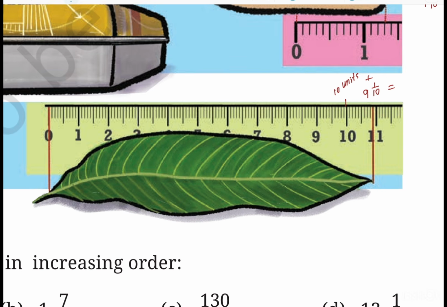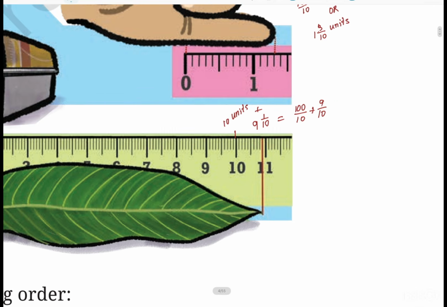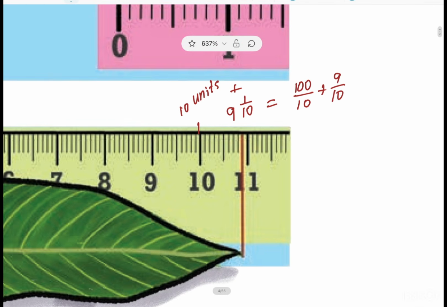So we can write 10 units as 10 into 10, that is 100 by 10 plus 9 by 10. So it is 109 by 10 units, or we can write 10 9 by 10 units.